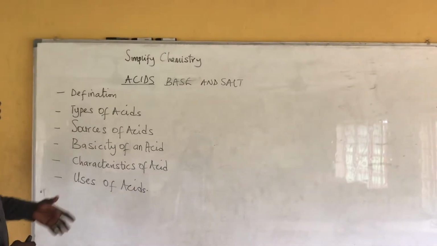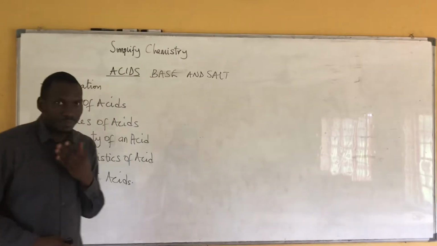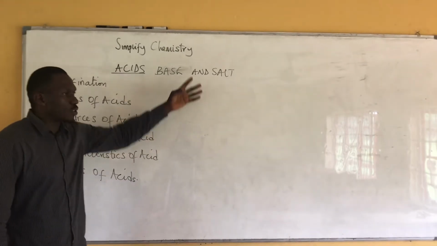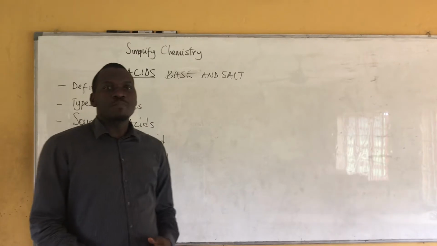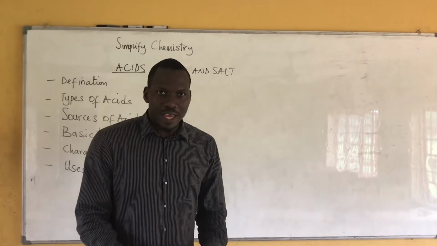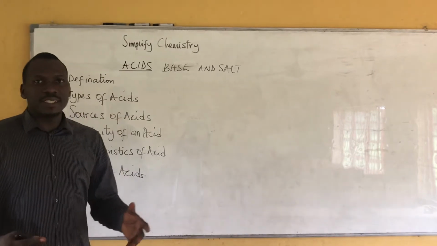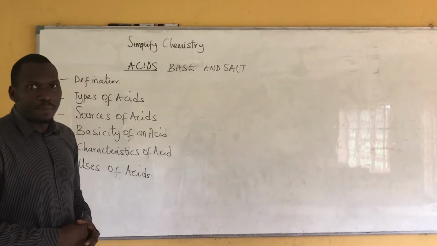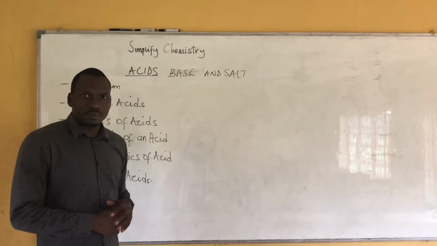Last time we discussed acid, base, and salts. We discussed the formation of acid and the formation of base, and today we are going to be discussing extensively about an acid. Then probably we are going to extend today's class to base.